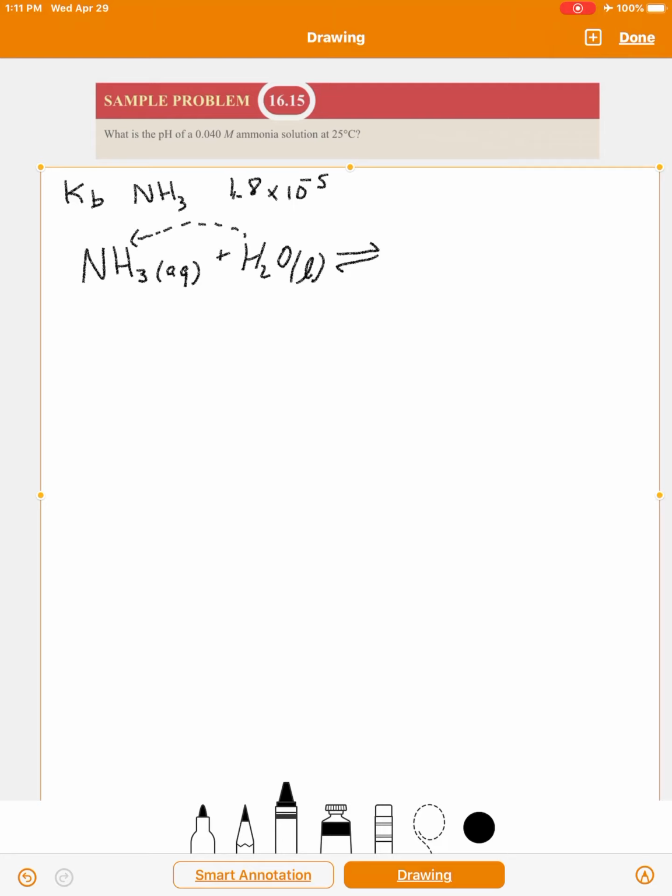How do we know that's true? Because we look up in the table that ammonia has a Kb of 1.8 times 10 to the minus 5, which means it's a base. So that means the hydrogen gets donated to the NH3. So NH3, if you give it an H+, you get NH4+. And water, if you get rid of the H+, you have OH-.